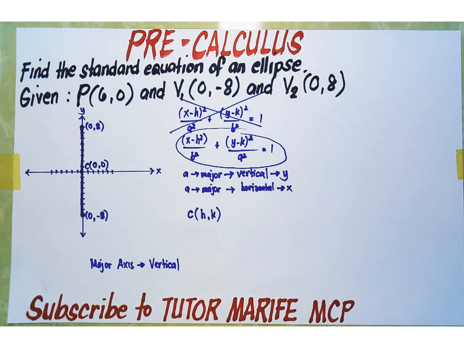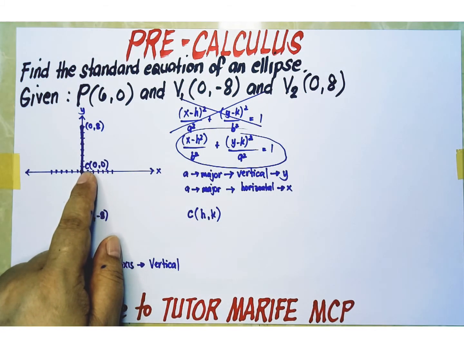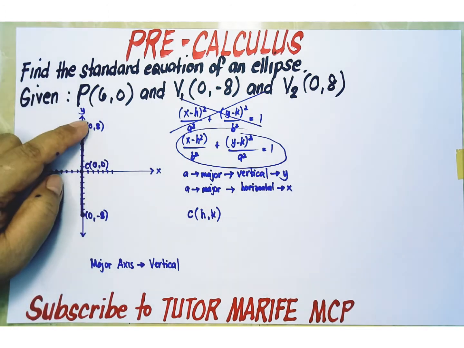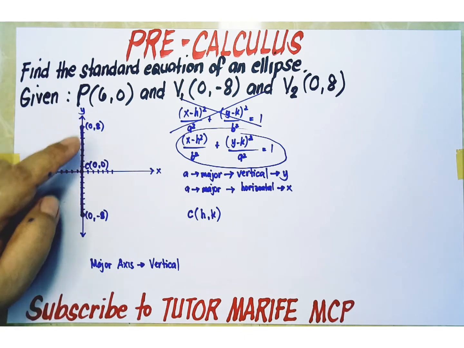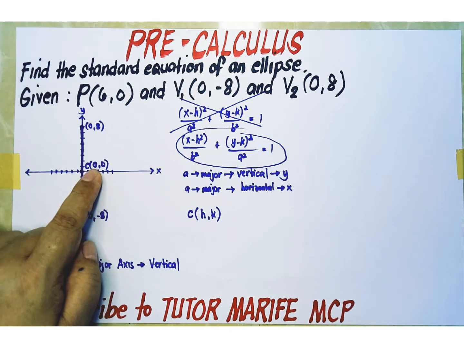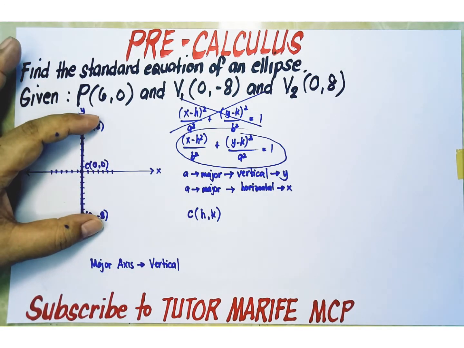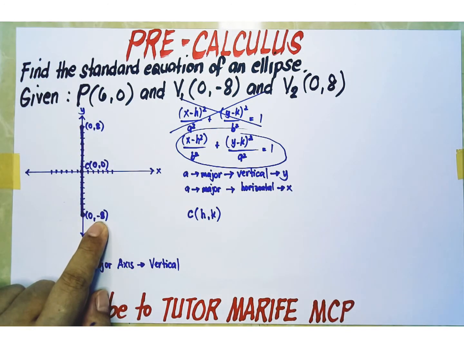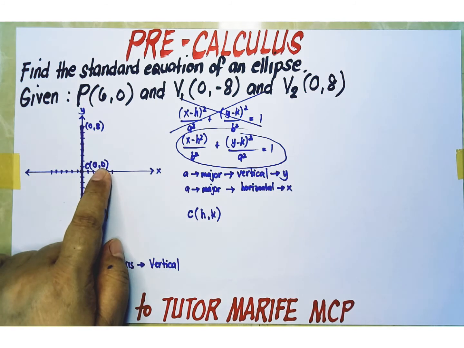If you want to validate the center using the midpoint formula, you take the average of the x values, 0 plus 0 equals 0, divided by 2, 0. Take the average of the y values, 8 plus negative 8, 0, divided by 2, it's 0.